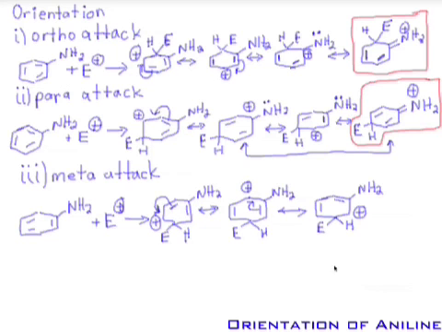Likewise, the corresponding transition states for ortho para attack will be lower energy because they're similar in structure to the benzenonium ions. If the energy of activation is low in ortho para attack, then ortho and para attack will predominate.